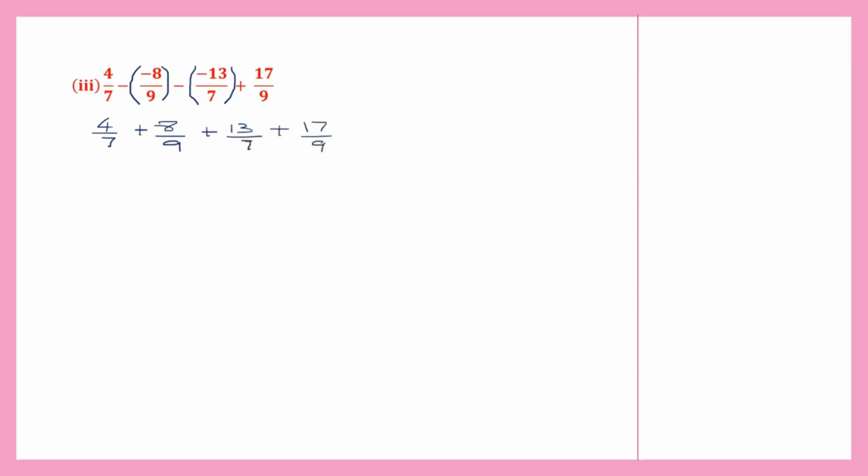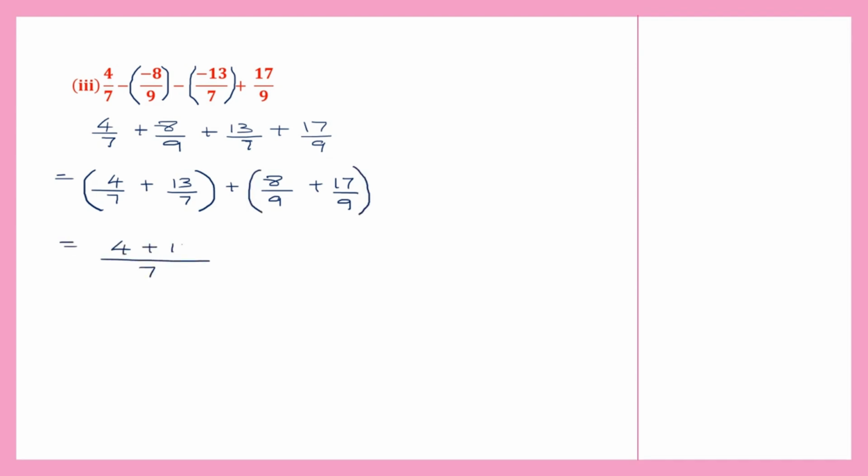So we have all these rational numbers. Let's put the ones with the same denominators together. So 4 by 7 plus 13 by 7. This is one group. Then the other group is 8 by 9 plus 17 by 9. This is the second group. Now let's simplify this. So we have 7 here and the denominators remain the same, 4 plus 13.